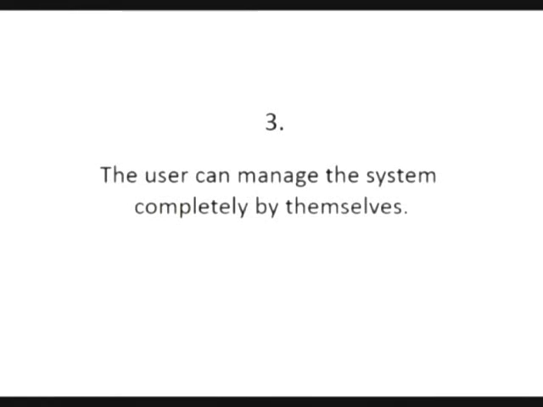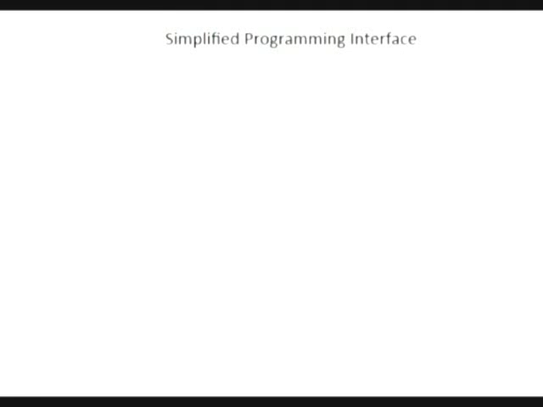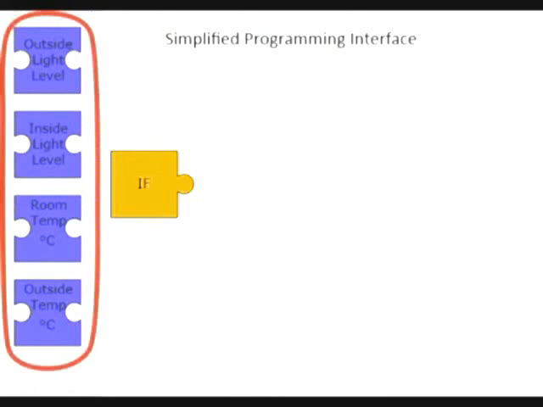The third style of management is for the user to manage the system completely by themselves. To do this, the user is provided with a simplified programming interface that takes the form of a jigsaw puzzle. As you can see, the first piece of the jigsaw is already in place for us, and this is the start of the behavior rule. On the left, there are a number of other pieces that we can add to the jigsaw.